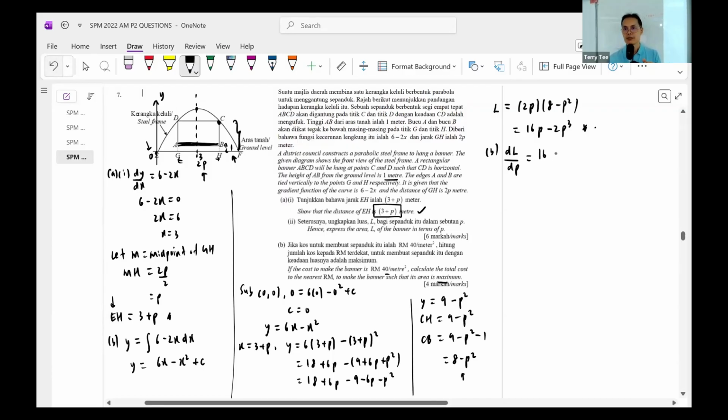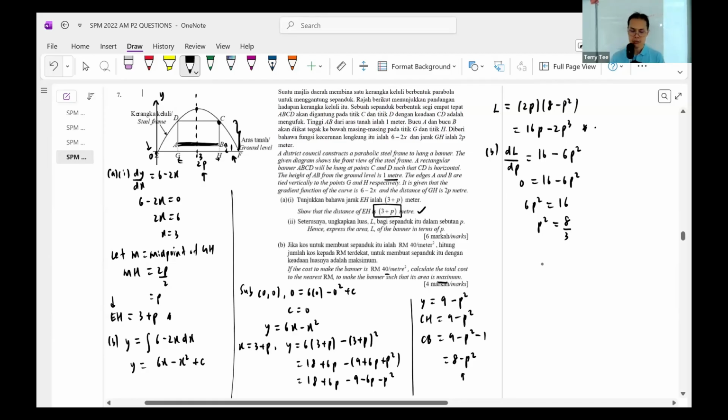Not just 16. Differentiate this: 2 times 3 is 6p to the power 2. Let your dL/dp be 0. Okay, at the turning point, your dL/dp, the maximum or minimum for L, the gradient is 0. 6p squared is 16. p squared is what? 16 divided by 6 is 8 over 3.